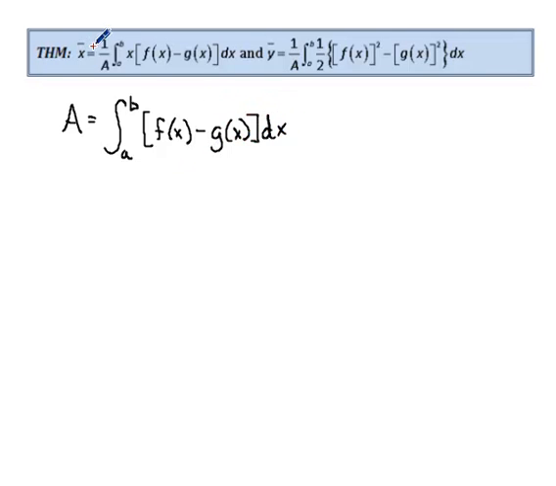So in both cases you're going to divide by this area, but then the x value for the centroid is going to be the integral from a to b of x times f minus g, divided by the area, and the y value of the centroid will be the integral from a to b of 1/2 times f squared minus g squared, and again that's divided by the area. Those are the derivations, and for the examples we'll wait for class for those.